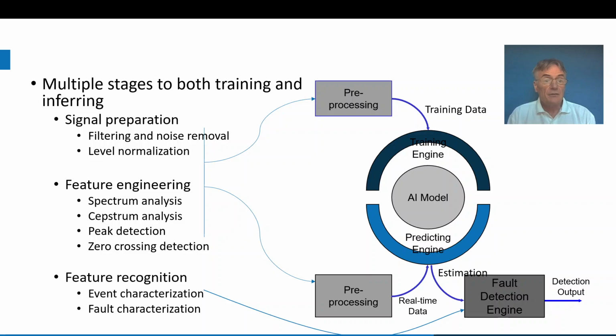There are many, many different ways that we can perform that pre-processing feature extraction process. In the speech world, cepstrum analysis is a very common example. We could do some very simple feature extraction operations such as peak detection, zero crossing, etc. But for this talk, we're going to discuss spectrum analysis, the fast Fourier transform.